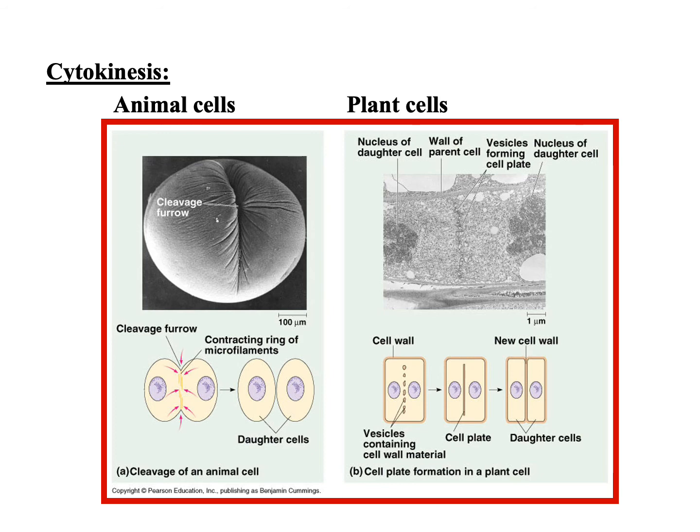On the right-hand side is cytokinesis in a plant cell. Plant cells have cell walls, so what needs to happen in order to have these cells eventually separate from one another is to have a cell wall built between the two nuclei. Vesicles that contain cell wall components begin to migrate towards the center of the cell.